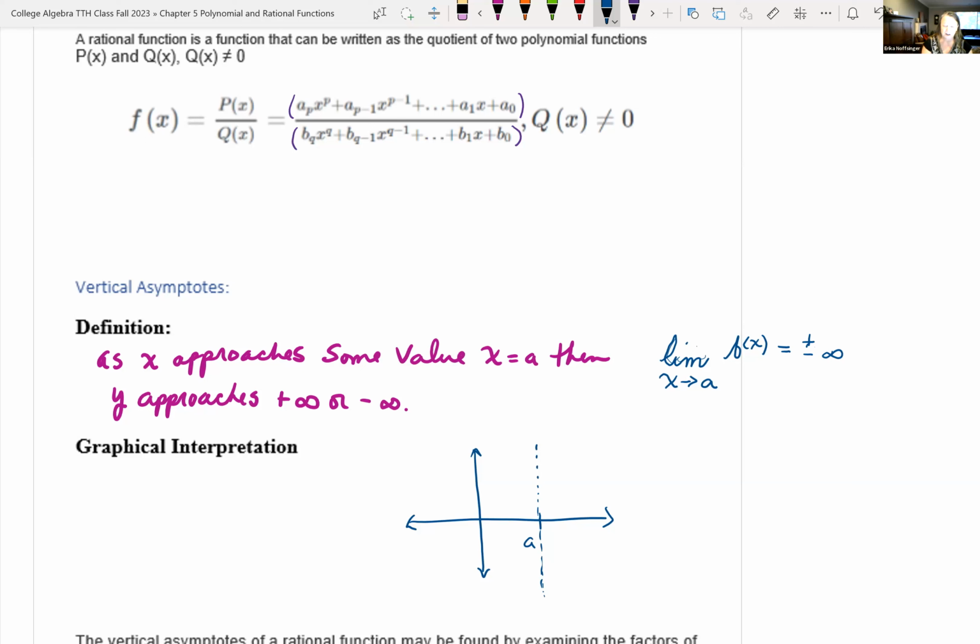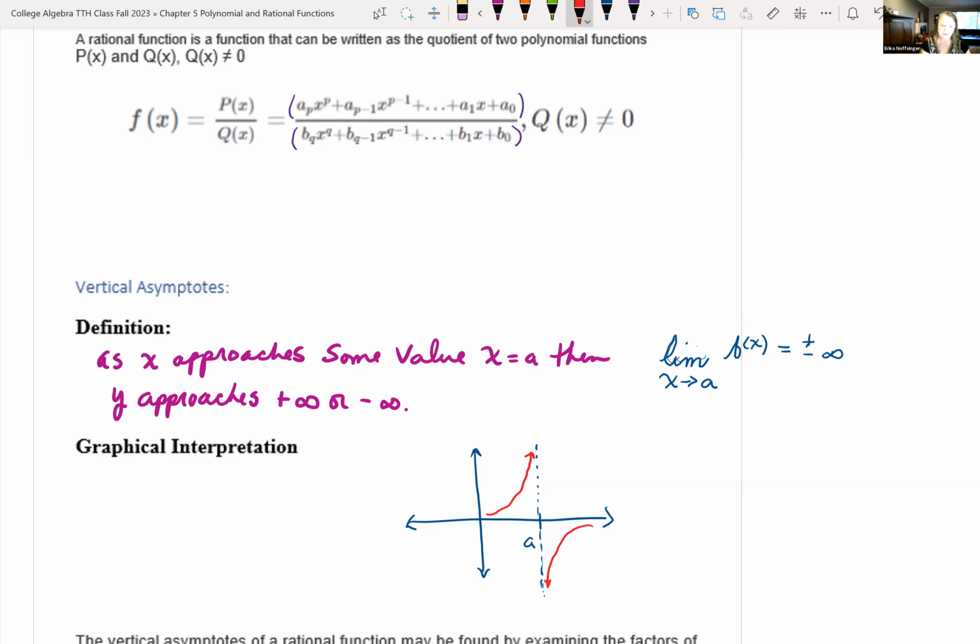So as we get closer and closer to this x value, a, our graph is either going to shoot up to positive infinity. So it's going to shoot upwards. Here's an example. Or another example is maybe we're coming in on the right-hand side of x equals a, and it might be shooting down to negative infinity.